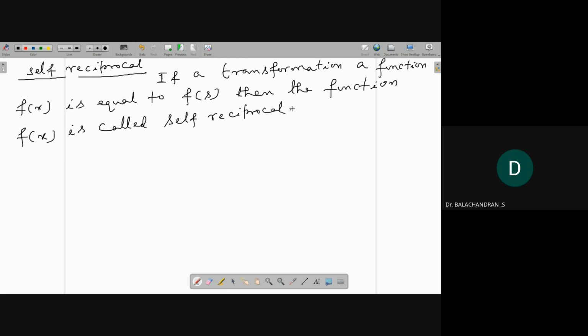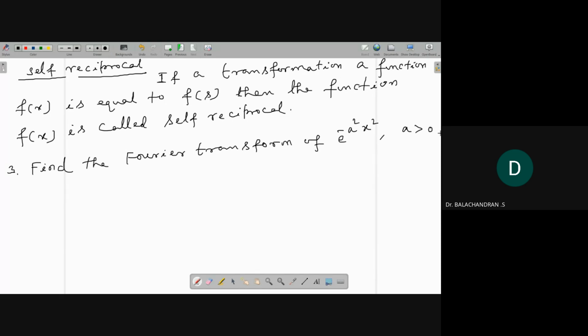Okay, so now the problem is: find the Fourier transform of e power minus a square x square, where a is greater than 0.